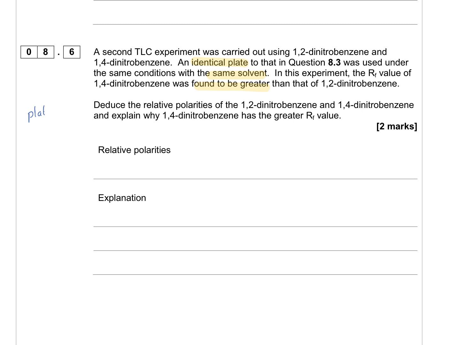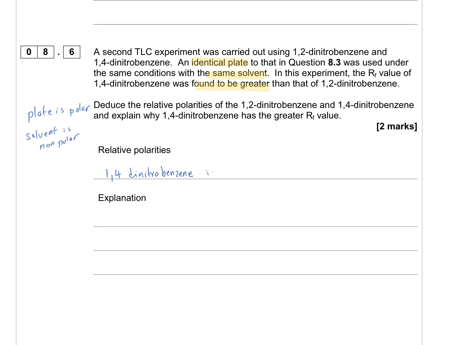So deduce the relative polarity. So we know what they told us at the start of the question is that the plate is polar and the solvent is non-polar. Okay, so the relative polarity. So if something's got a greater RF value, it must be more attracted to or have a greater affinity to the solvent than to the plate. So it therefore must be more non-polar, okay, or less polar.